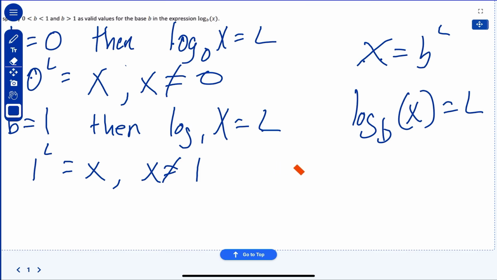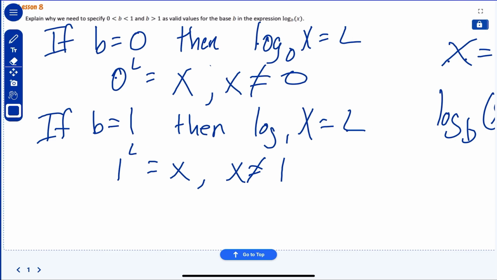Now, all I want you to really remember here is if b is equal to 0, then we would have log base 0 of x is equal to L, which is the same thing as saying 0 to the L power is equal to x. Well, can x ever equal 0 then?